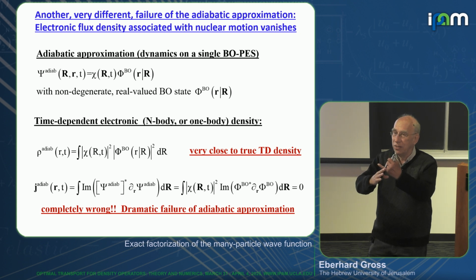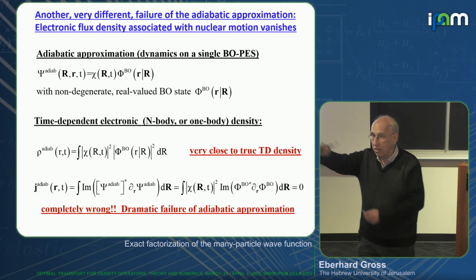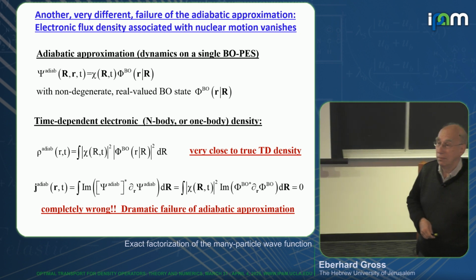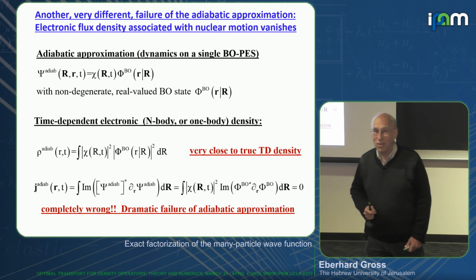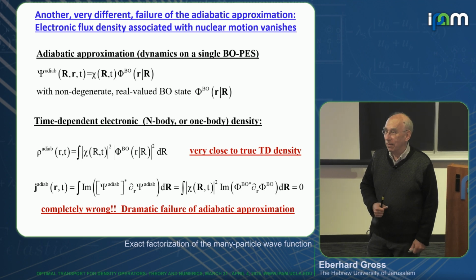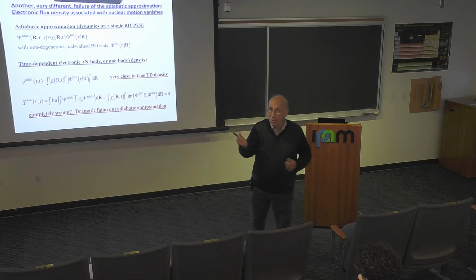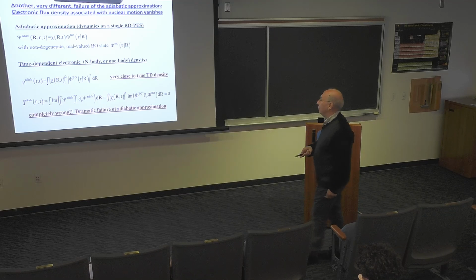Only when you have an intersection, so if you have a degeneracy at a particular nuclear configuration, then you may have imaginary parts, but always in between they are real. So the imaginary part is zero. Complete disaster, right? The adiabatic approximation tells you that the electronic current density is zero. But it isn't zero. Of course, the electrons move around with the nuclei, but that's a failure of the adiabatic approximation.